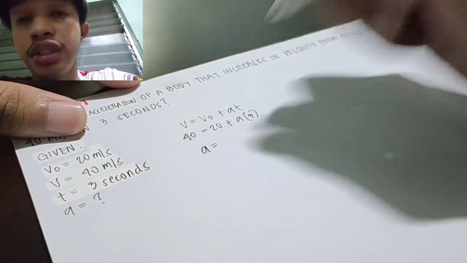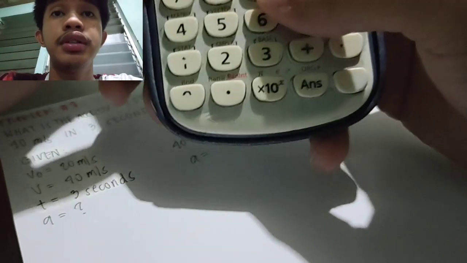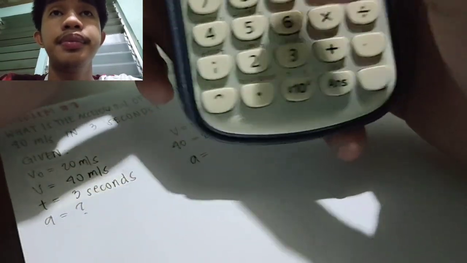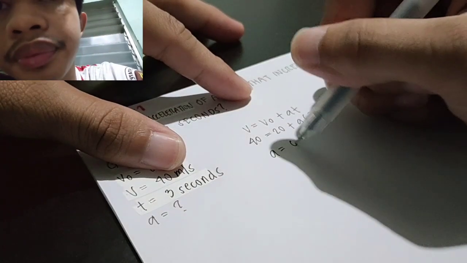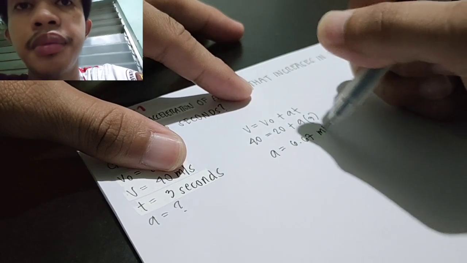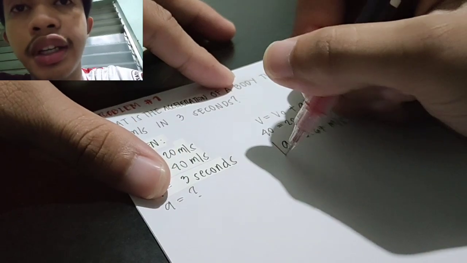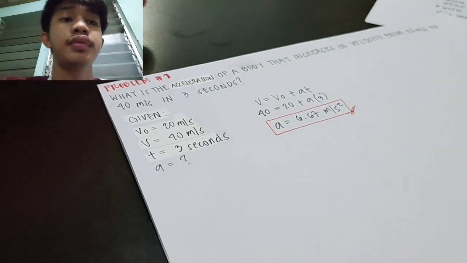So the acceleration is (40 − 20)/3 = 6.67 m/s². So this is the answer. Next problem.